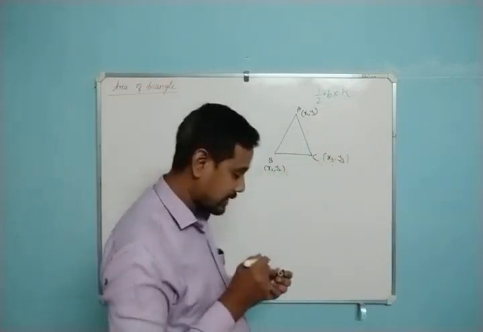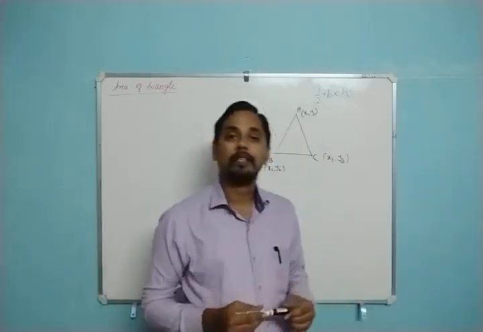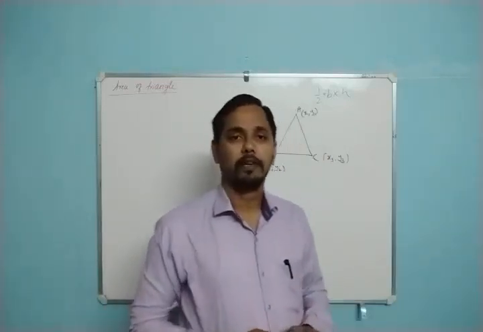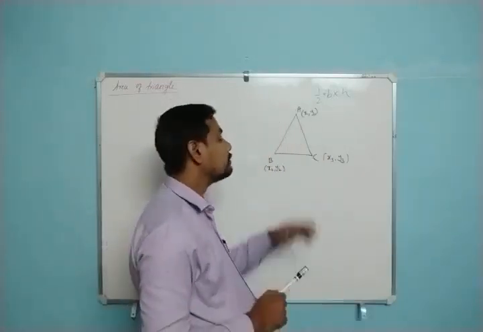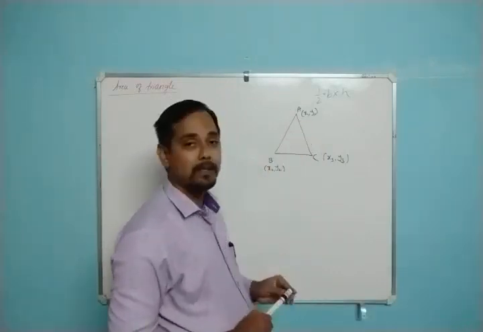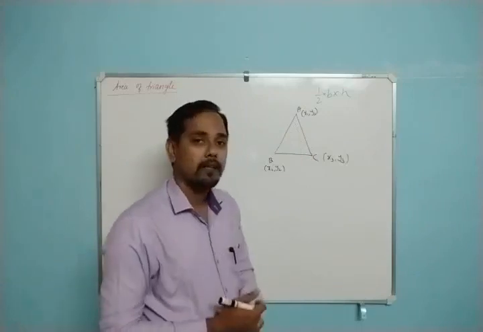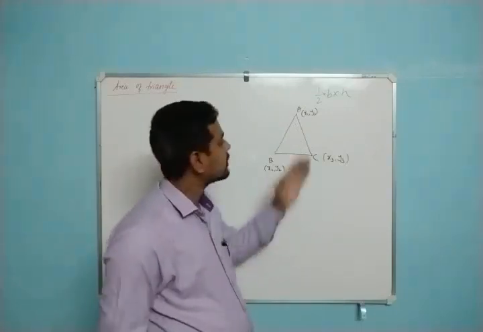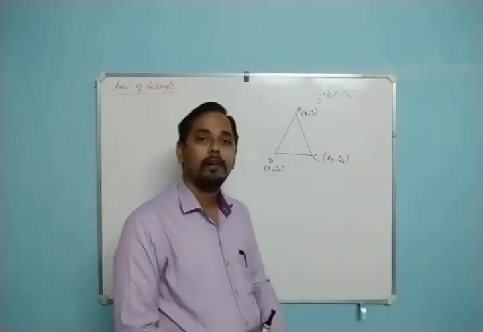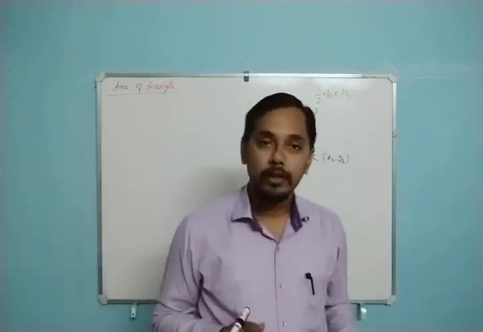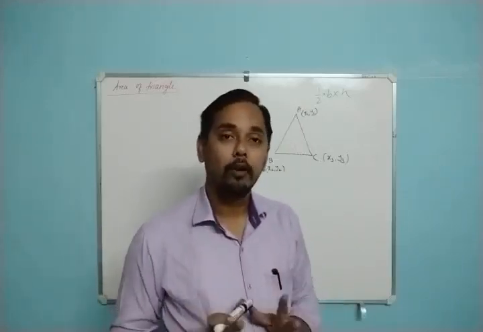Suppose the vertices are given, then there are two methods to find the area of the triangle. The first one is the lengthiest method. Using these vertices, find the distances. Once you get the distances, substitute in this formula, and then you can get the value of the area of the triangle.